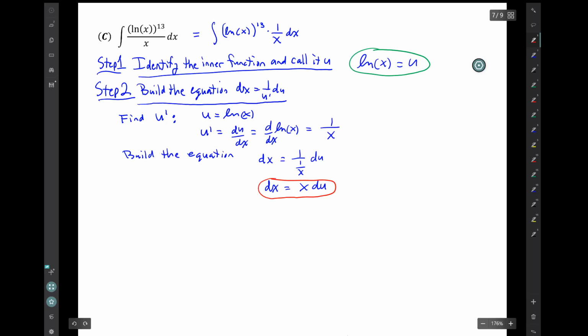So there's our equation. Dx equals 1 over x du simplifies to just simply dx equals x times du.